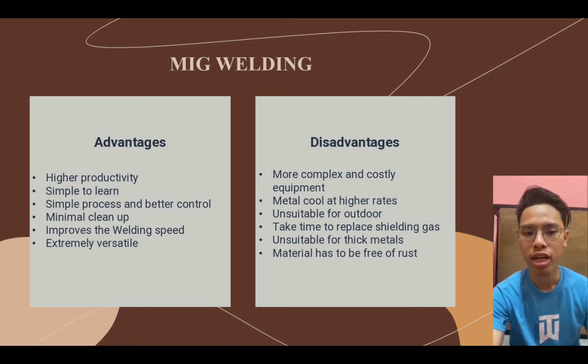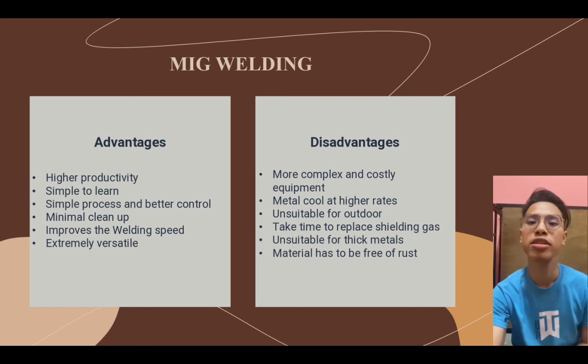For the fourth, the shielding gas takes time to replace. The next point is that MIG welding is unsuitable for thick metals and not proper for penetration. And the last disadvantage of MIG welding is that the material has to be free of rust to get a good weld. So basically the metal for MIG welding must be clean from any rust or dirt to make sure we get a perfect result for the welding.